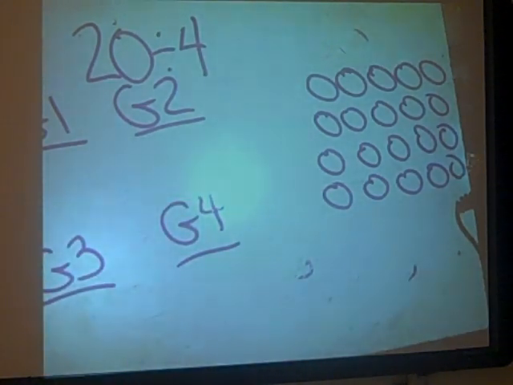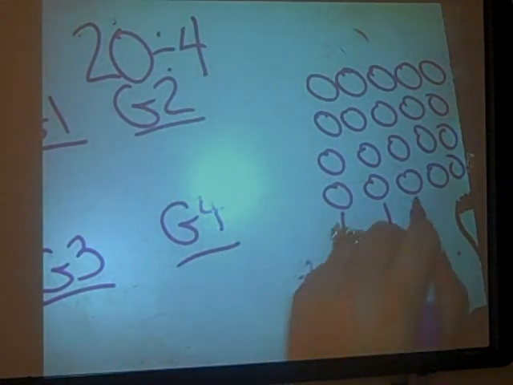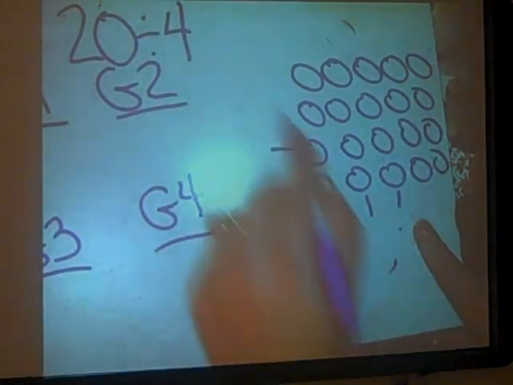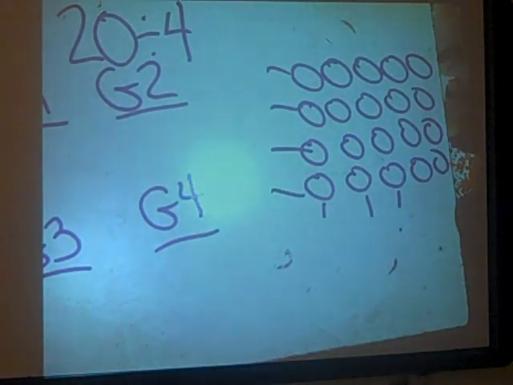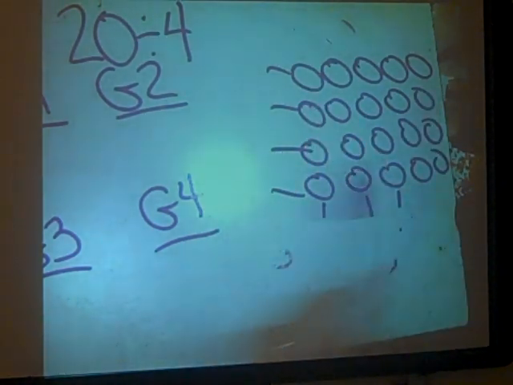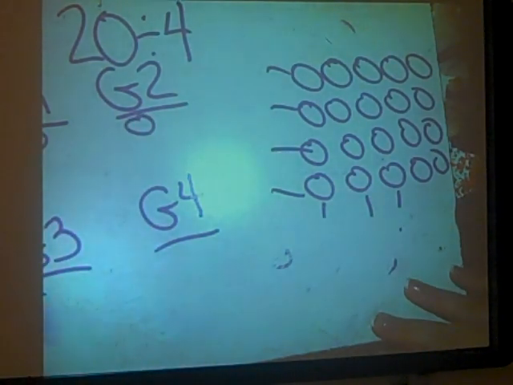And you would have needed to go ahead and start equally sharing. You might have noticed that we have 1, 2, 3, 4 different groups. So that you should be able to see that in each group you're going to end up with 5. But in case you didn't see that, let's go ahead and work that out.